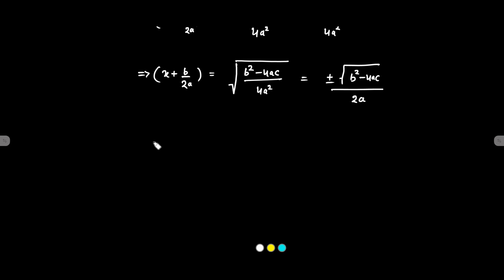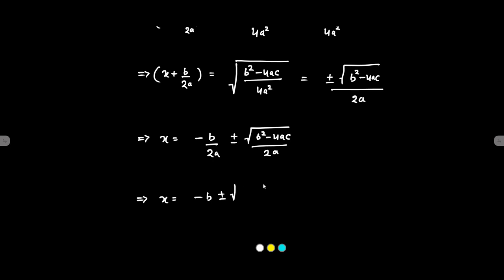So that implies x is equal to minus b by 2a, taking this plus b by 2a to the other side, minus b by 2a plus minus root over of b square minus 4ac by 2a, or that implies x is equal to minus b plus minus square root of b square minus 4ac by 2a.